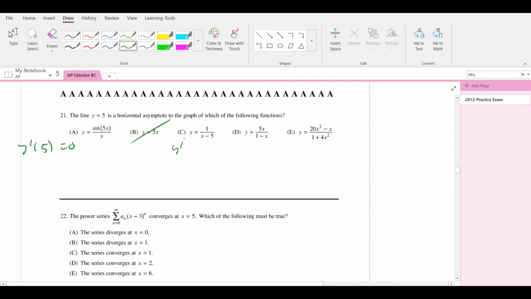So y prime, for c, y prime is equal to the natural log of x minus 5. Right, this is undefined.